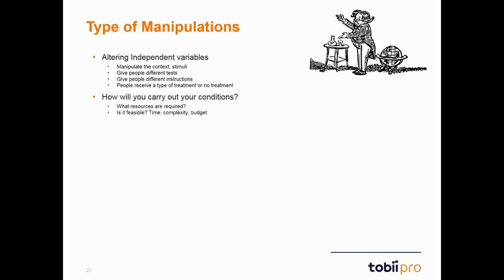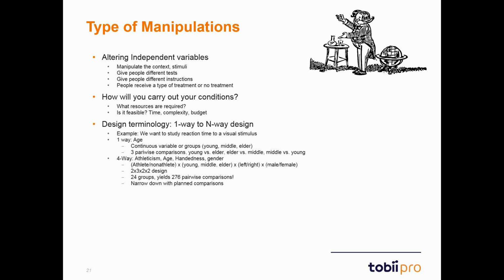There are all different ways to carry out experiments where you have a treatment group versus a no treatment group, or stimulus 1 versus stimulus 2. This will always depend on the particular question that you have in mind. But one of the main things to think about, especially when you're starting out, is the resources required. Is it feasible? Think about the time, the complexity, and the budget that you might have, because for certain questions there may be a fast way to answer them rather than an exhaustive manner that would be really expensive.